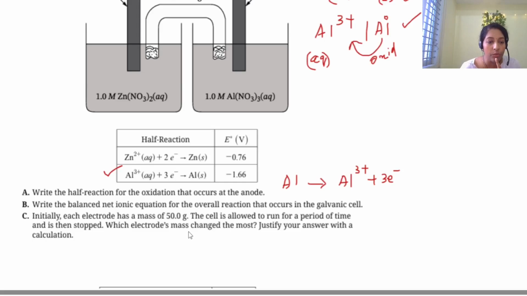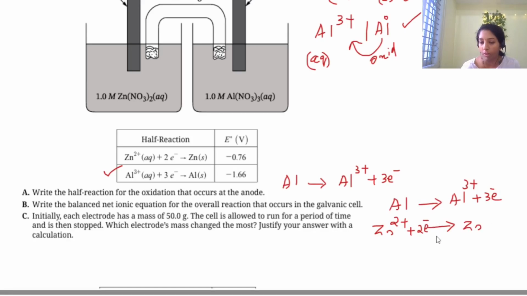Then B, write the balanced net equation. If this is Al, the oxidation part, then what is the reduction part? Reduction means Zn2+ to Zn, with acceptance of 2 electrons. Then what's the balanced chemical reaction in the redox reaction? Make the electrons the same: this has to be multiplied by 2 and this by 3.